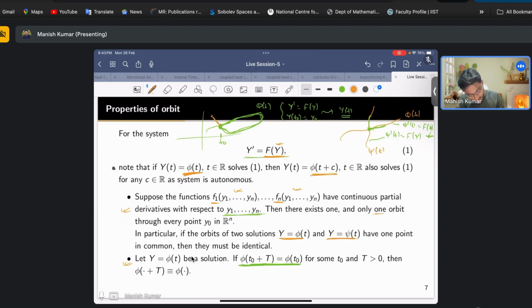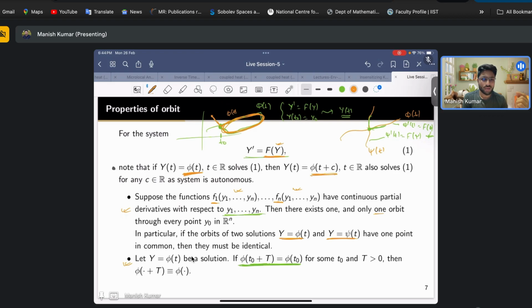Because at the other point, suppose this is phi t, for some t naught greater than t, then after time t also you should return to this curve, and this is only possible when this kind of approach is there. That means it is revolving around in this closed area. So this is what it says, that if at some point t naught there is some periodicity at some single point, then it is actually a periodic function.